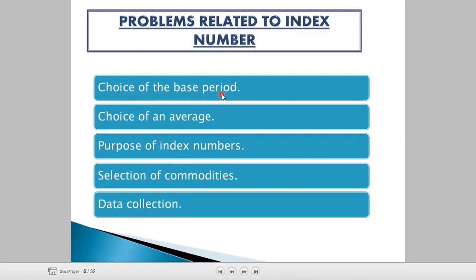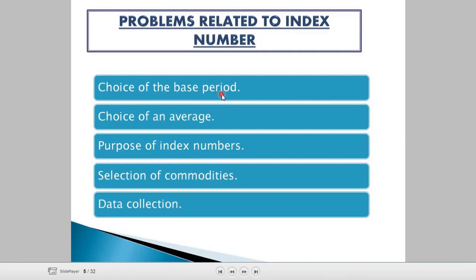This means that as we do the comparison of change in the price, value, or quantity consumed between two or more different periods, we should be very careful that the gap between the two periods should not be too large or very small.